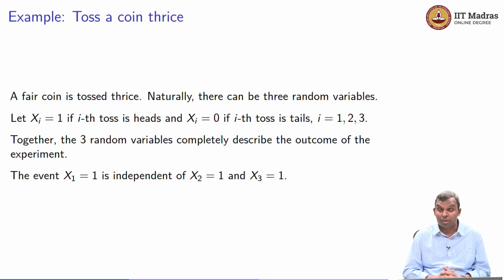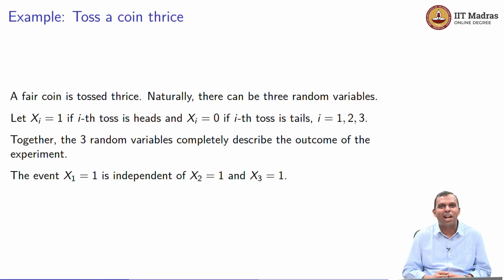And another interesting observation you can make about this particular case is events that you define with x1, right? Supposing I define the event x1 equals 1. We saw before, right? The random variable taking a particular set of values or taking one value is actually an event. Now if you define an event with x1 alone, it's going to be independent of any event that I define with x2 alone, right? There are really only very few events we can define here.